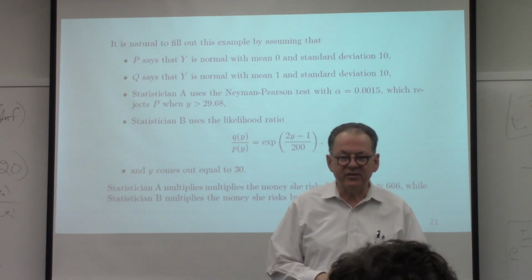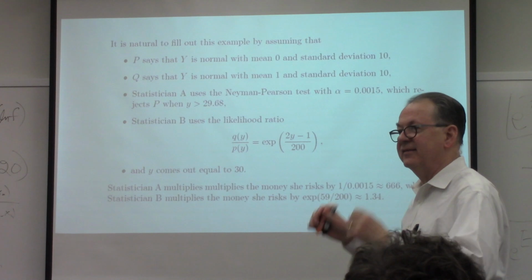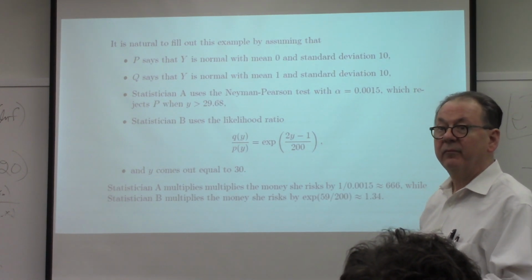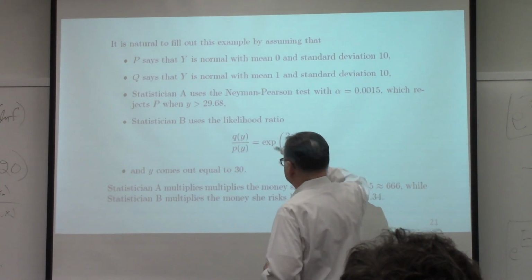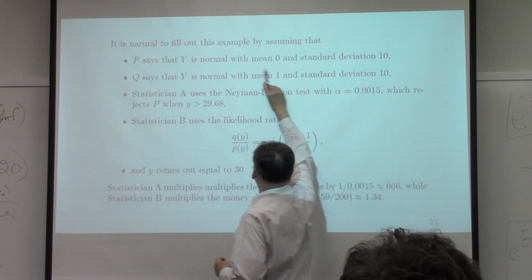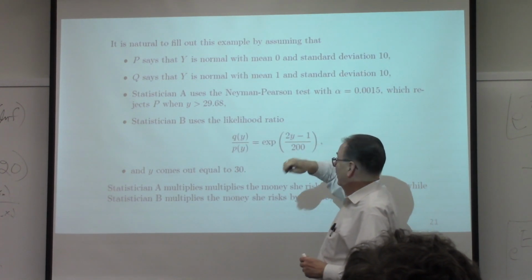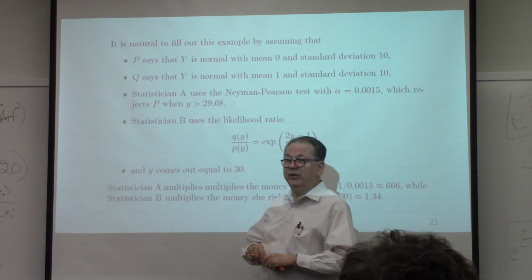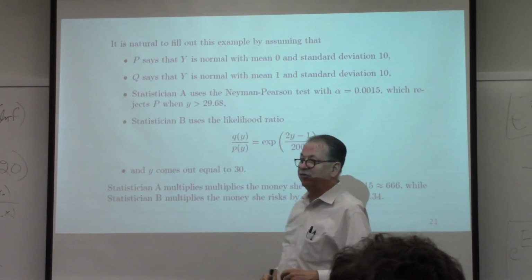And Gelman says, and I think he's right, that this example is at the heart of the replication crisis. P says that the phenomenon is normally distributed with mean 0 and standard deviation 10. Q, the alternative, says it is normally distributed with mean 1 and standard deviation 10.